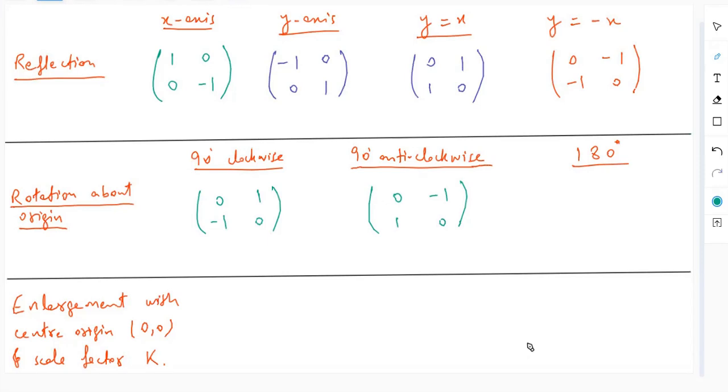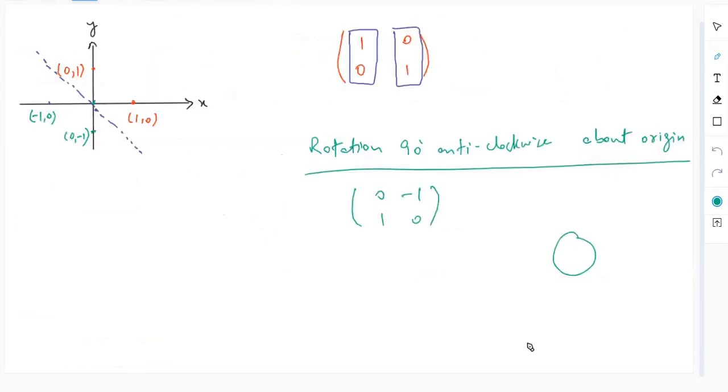Okay. And then finally, we've got 180 degrees rotation. What happens there? We've got rotation 180 degrees about the origin. What happens in this case? 1 0 point rotate होके कहाँ चला जाएगा? बिल्कुल opposite side पे. It becomes minus 1 0.